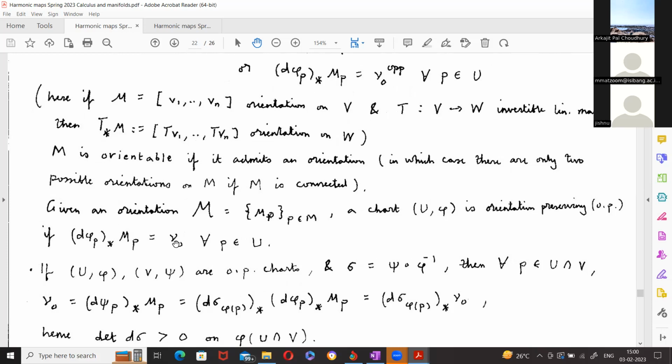That will push forward back to the standard orientation on Rn. So a reflection composed with my chart will become orientation preserving. Is that clear? So there always exist orientation preserving charts, right? Is that clear? Yeah.